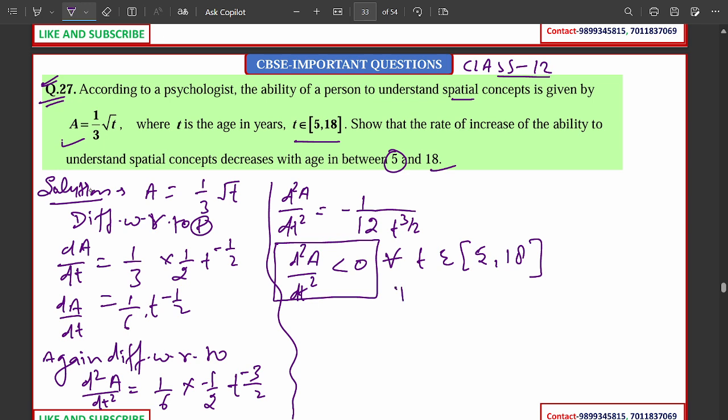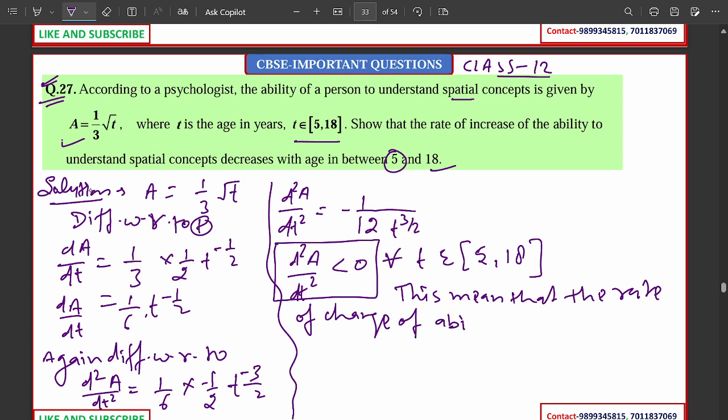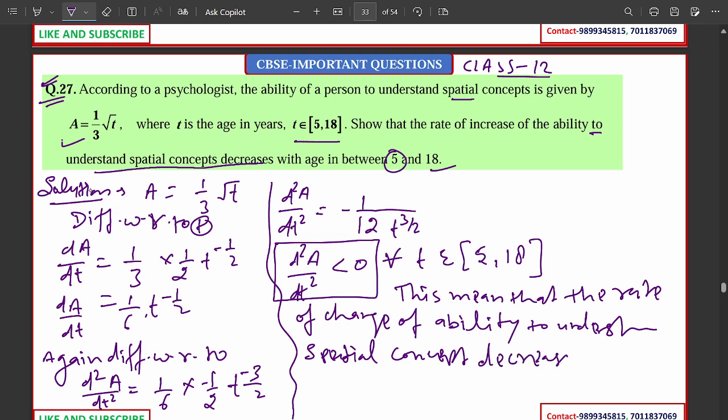So this means that the rate of change of ability to understand spatial concepts decreases with age between 5 and 18.